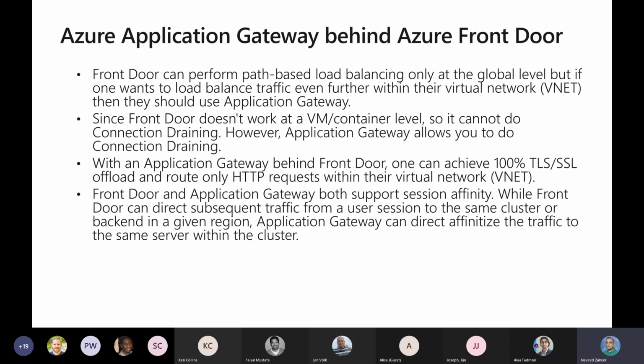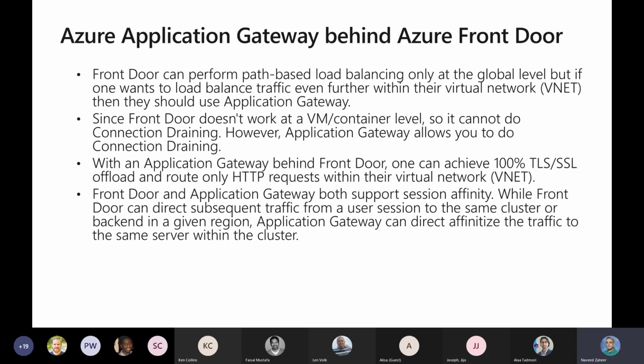That's a great point. Yes, actually, I missed that. Thank you for reminding me. This is one of the key things. It can do IPv6 to IPv4 translation, where App Gateway does not do that at the moment. I don't think so, I may be wrong, but that was one of the reasons. I know that one customer picked it because of that reason.